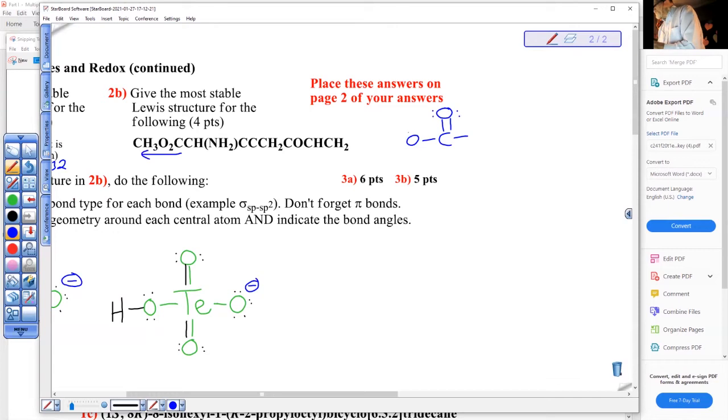Oxygen needs 2 bonds, 2 lone pairs. And now you can connect the CH3 to that O. That's an H. I made it worse.